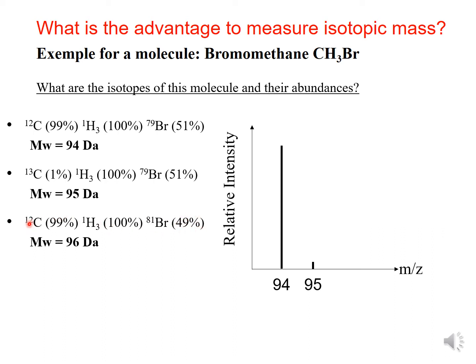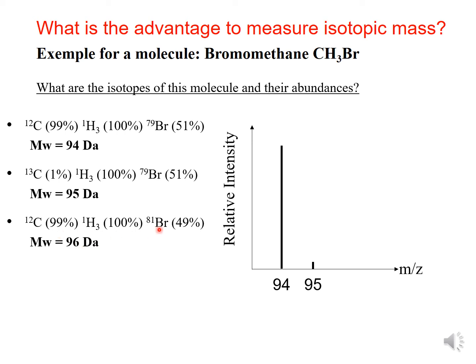It means that in that case, I have C12, H3, and 2 more as compared to this one. Because here and here, that's quite similar, but I have the difference of bromide 79 and bromide 81. Then the mass is equal to 96 Dalton.